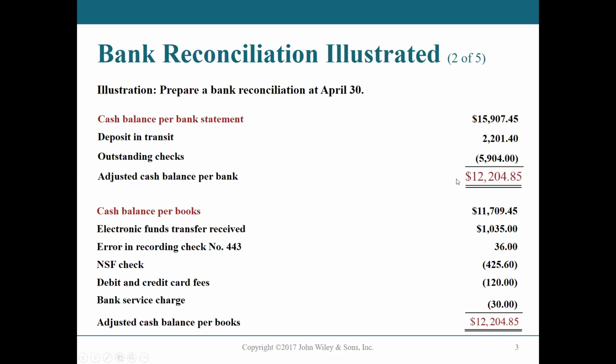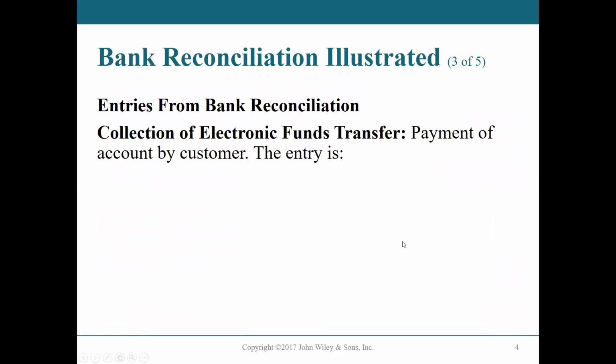So again, the whole process of reconciliation is bringing our book balance and bank statement balance into alignment after we've adjusted for these items. The last thing to consider is that when we make adjustments to our book, we have to make a journal entry to actually enter those things into our book.